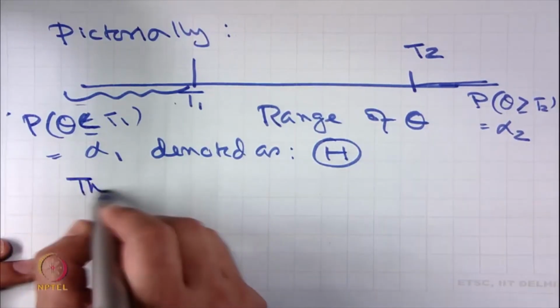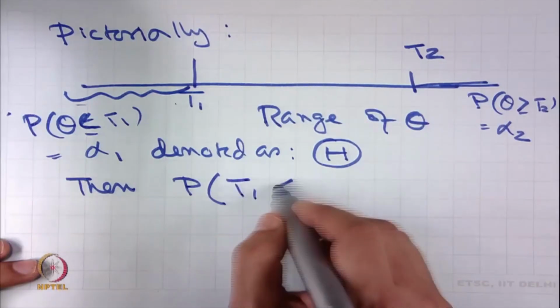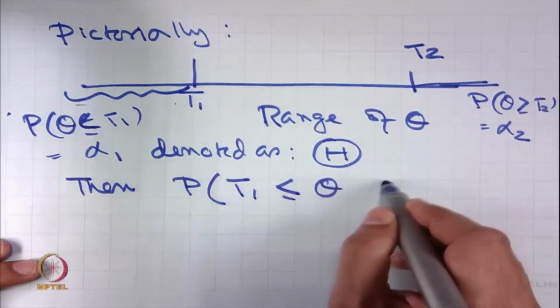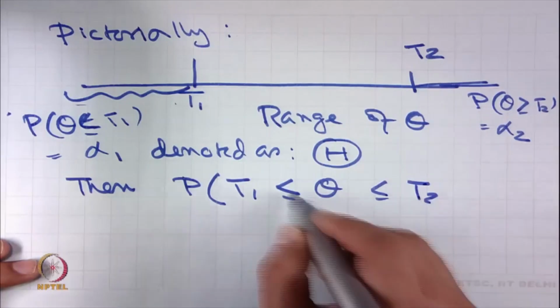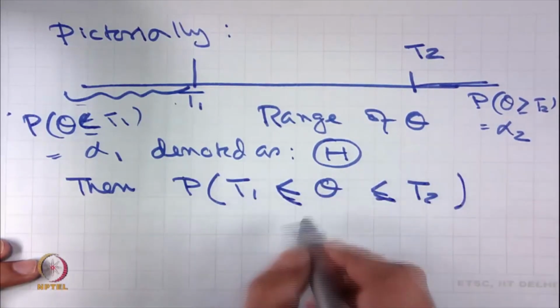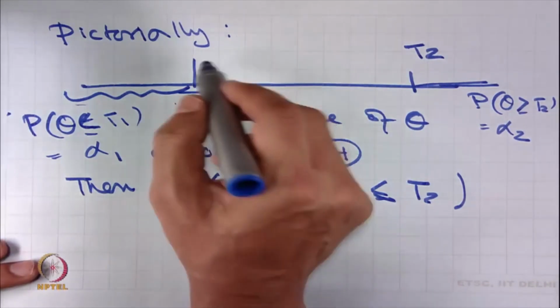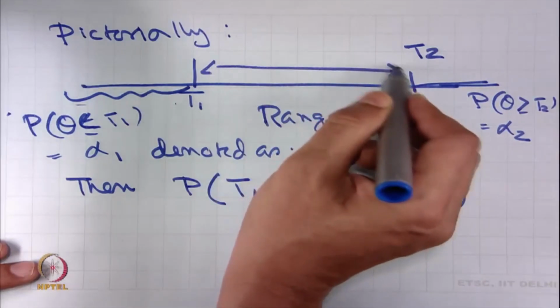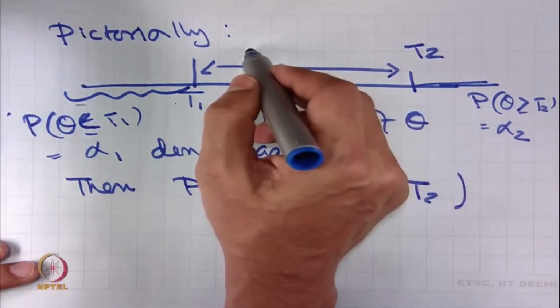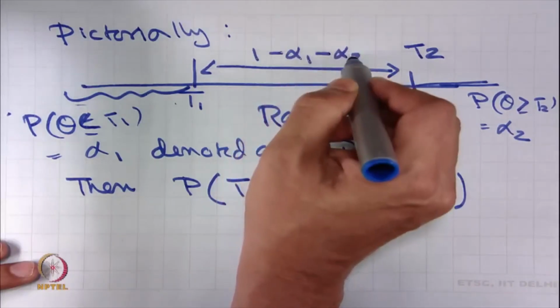Then probability T1 less than equal to theta less than equal to T2, or say let them be strict inequality, it does not matter because it is a continuous case, and this probability is therefore going to be 1 minus alpha 1 minus alpha 2.